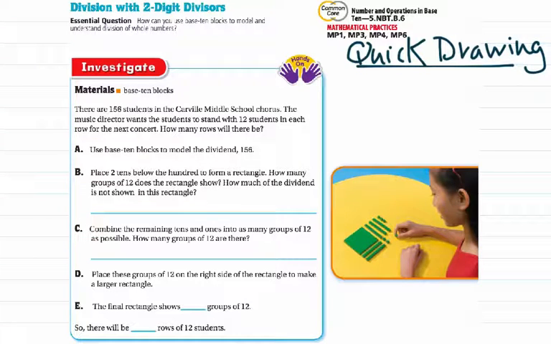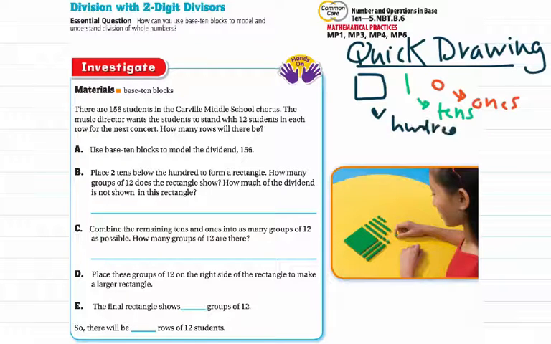We're going to use the square to represent an amount, then another amount, and then a third amount. So the circle is going to be the ones, the line is going to be tens, and the square is going to be hundreds.